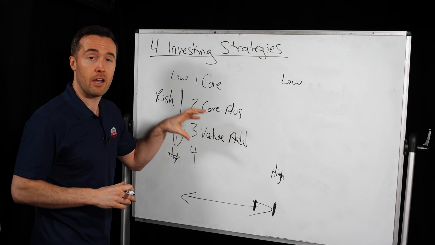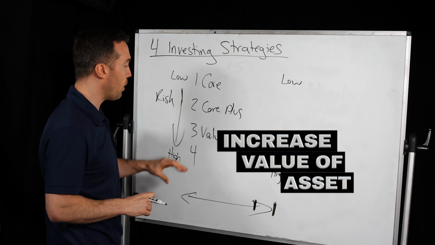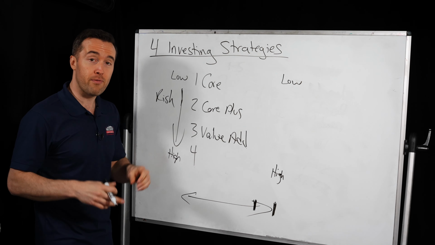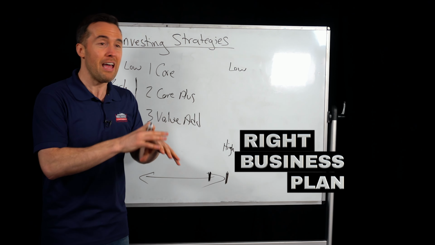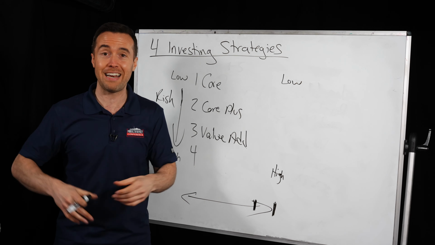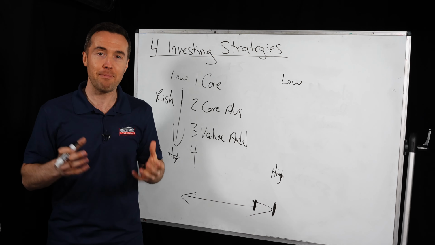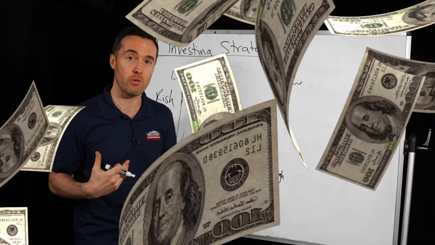And that is what's going to increase the value of the asset. So a lot more work involved. You have to find the right type of asset and make sure you have the right business plan to go in, do all the fixes on the physical side and the operation side, and make sure that you can hit your targets and earn the return you're looking for.